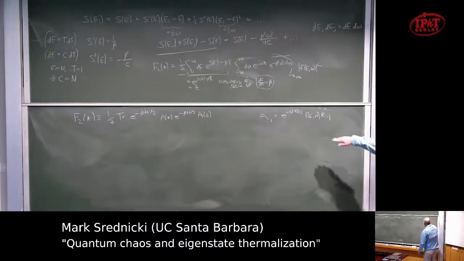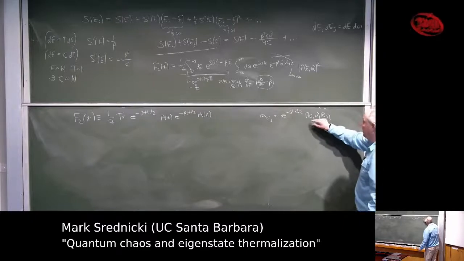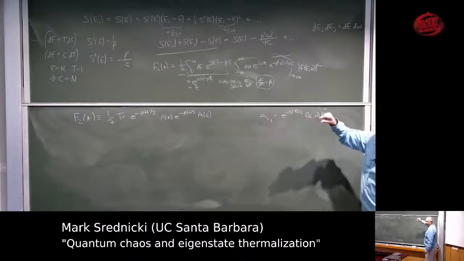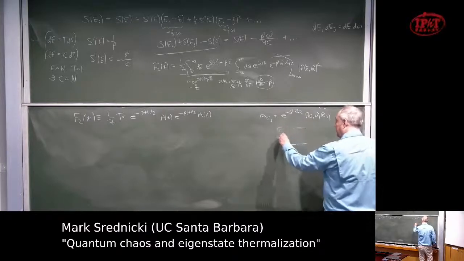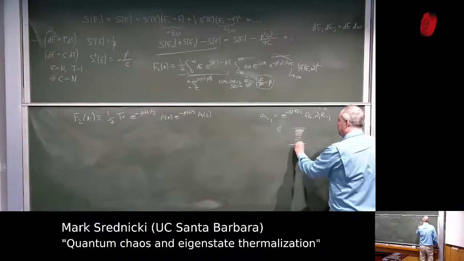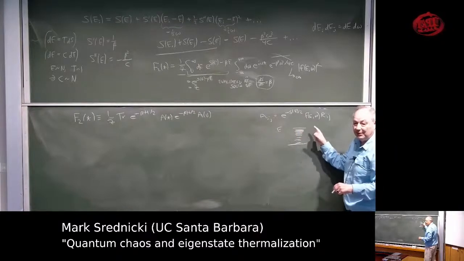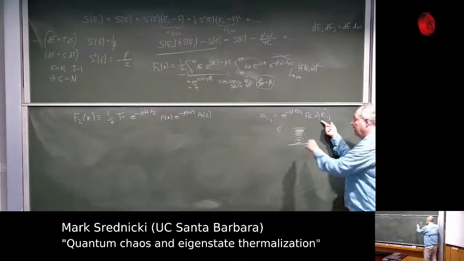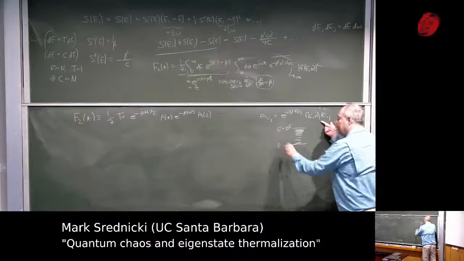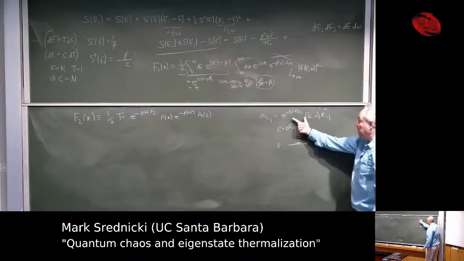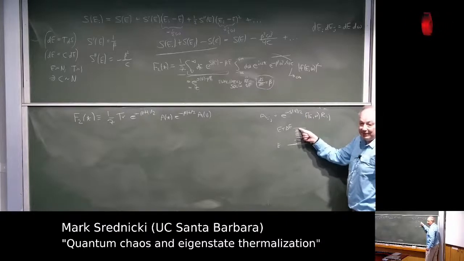So the idea is that these functions are smooth functions of these quantities. The actual energy levels are extremely dense. The spacing is e to the minus s. So if I look in some range of energy, I have many, many levels over which these functions are essentially smooth. I want to fix a range from e to e plus delta e, where delta e is small on the scale at which these functions vary, but still encompasses many, many levels.